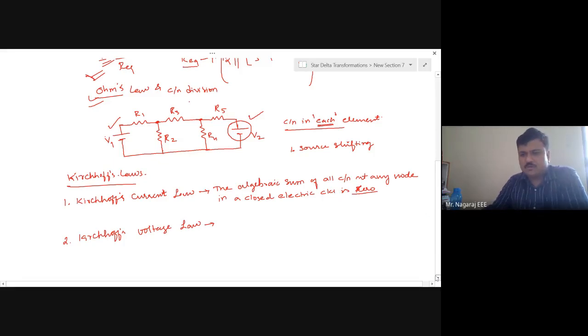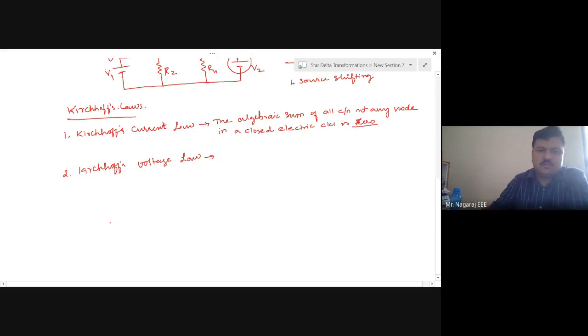Now I will apply this to a node. Suppose I have a node. I need not again define what a node, branch and all those things are. To a node, there are multiple branches connected.